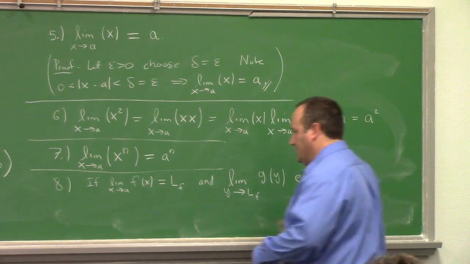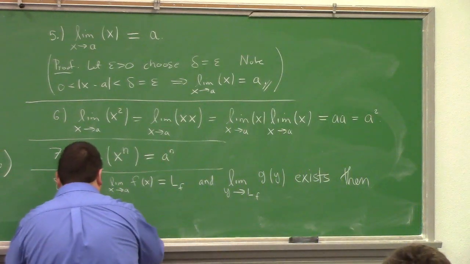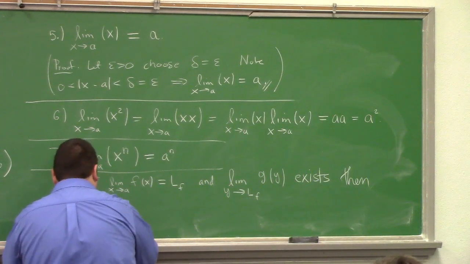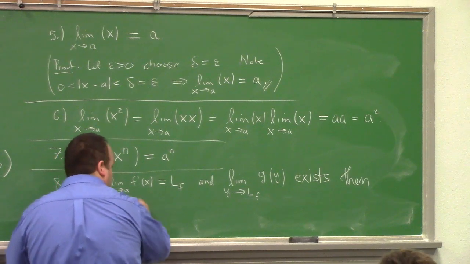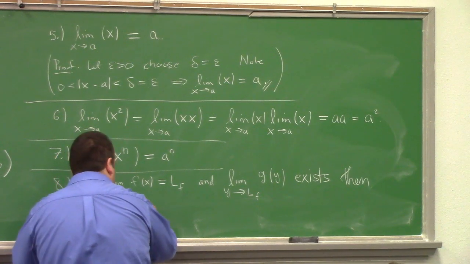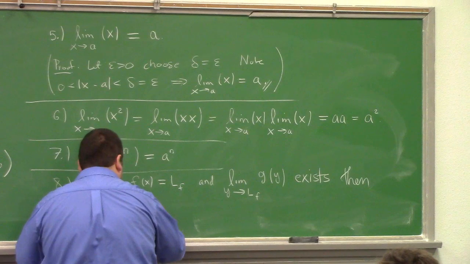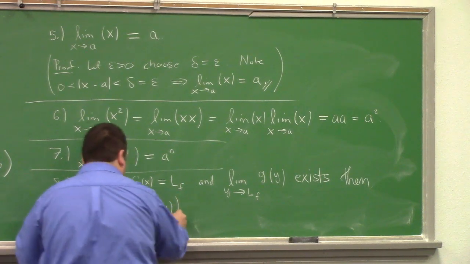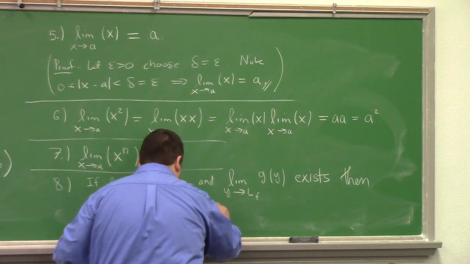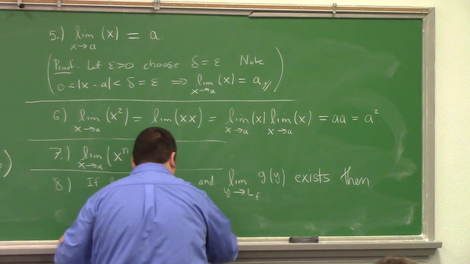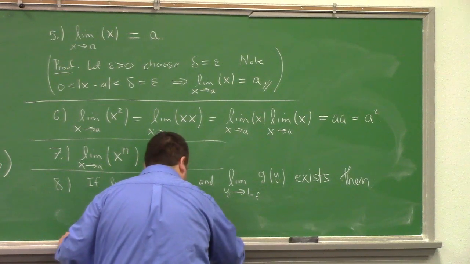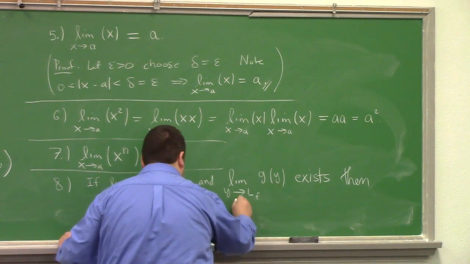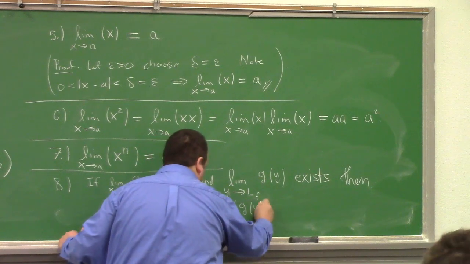Here goes nothing. The limit as x goes to a of g of f of x is equal to the limit as y goes to L sub f of g of y.